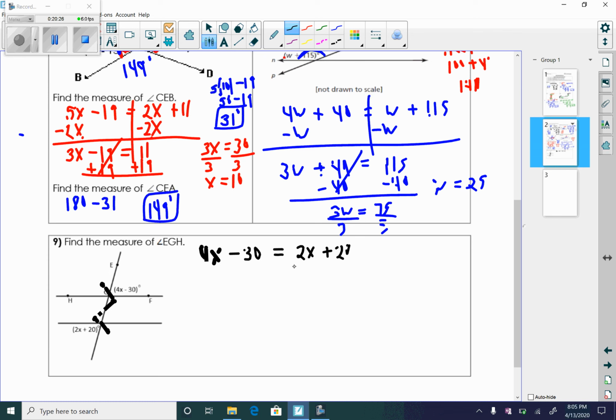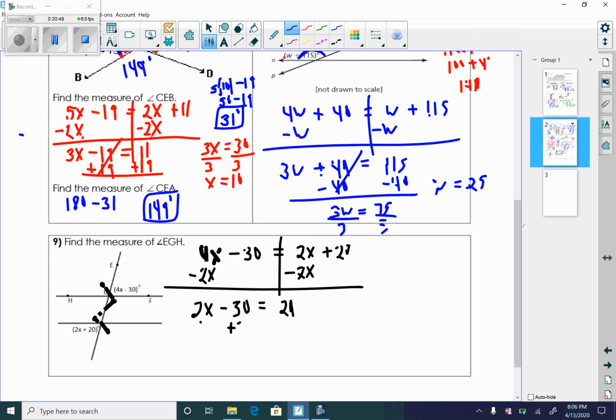So again, variables on both sides. We're going to subtract 2x from both sides. And that's going to give us 2x minus 30 equals 20.